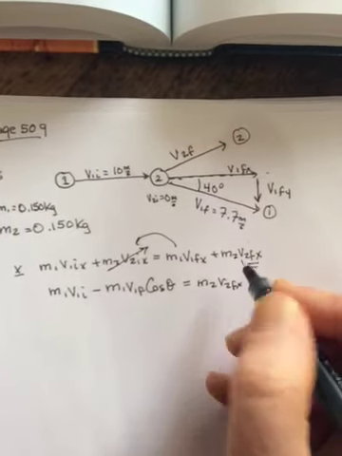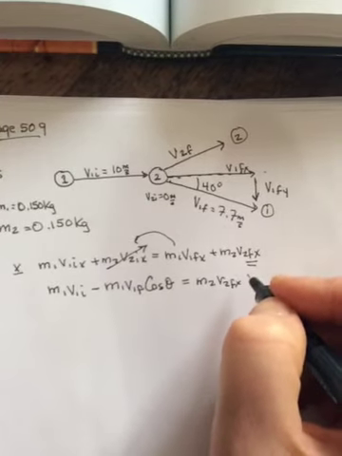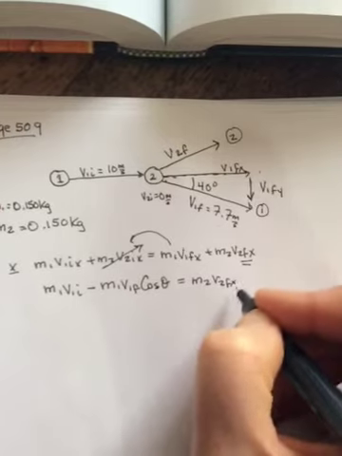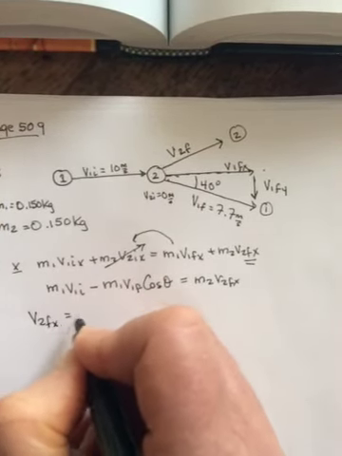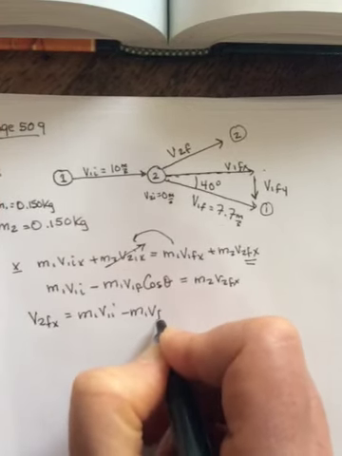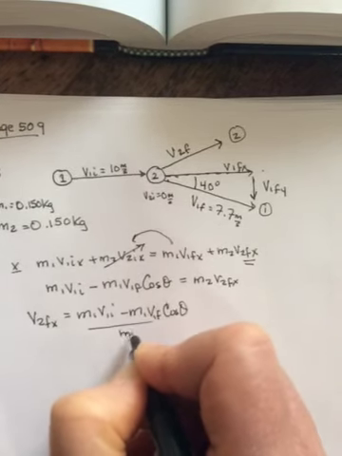Now don't switch the v2fx to v2f cos theta, because then you won't know the v2f or the cos theta. You'll introduce another unknown. So just solve for v2fx. So v2fx will equal m1 v1 initial minus m1 v1 final cos theta, divided by m2.